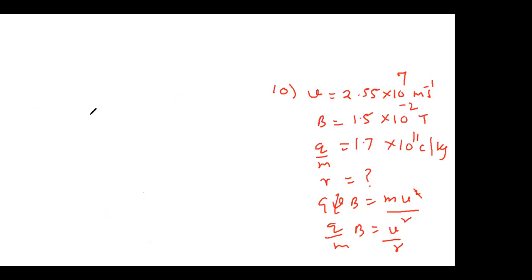So q by m is 1.7 into 10 raised to 11, B is 1.5 into 10 raised to minus 2, the velocity v is 2.55 into 10 raised to 7 upon radius r.